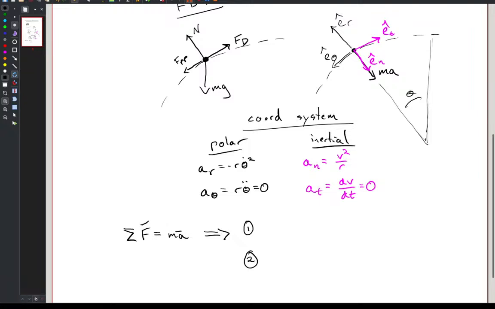m a_n, yep. So I can say that m a_n is equal to what forces are in that n direction. What's normal to my path? Is n normal to the path?